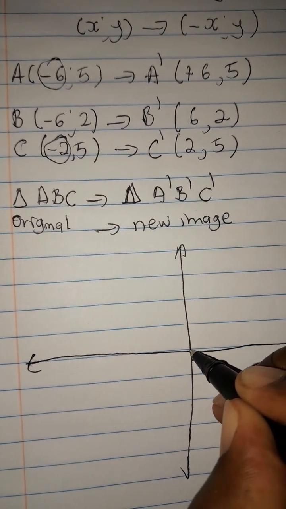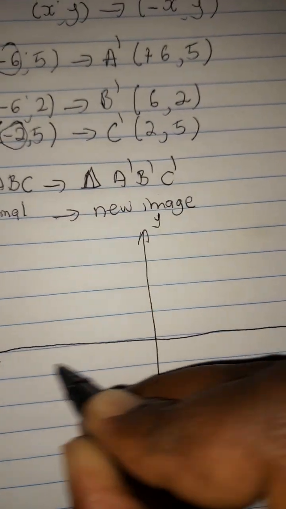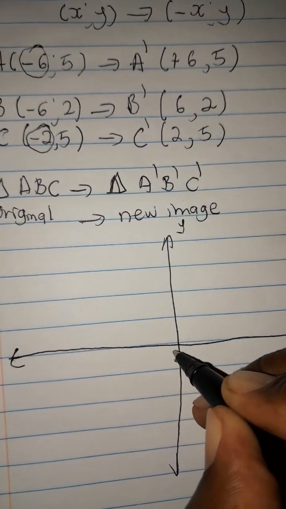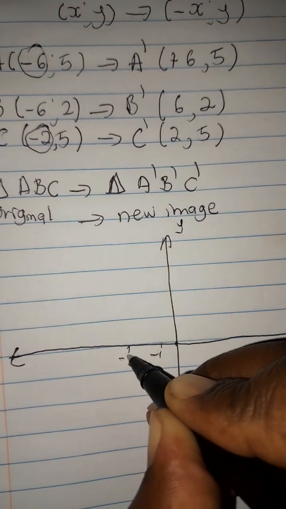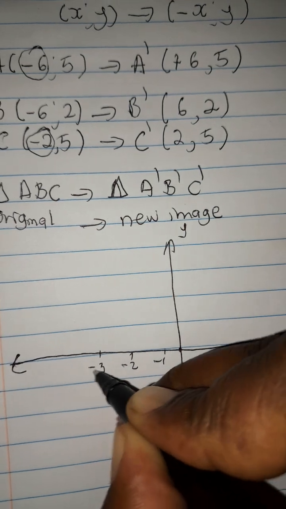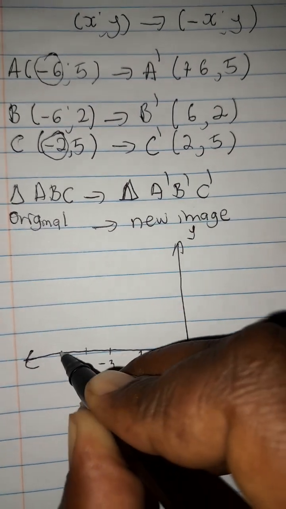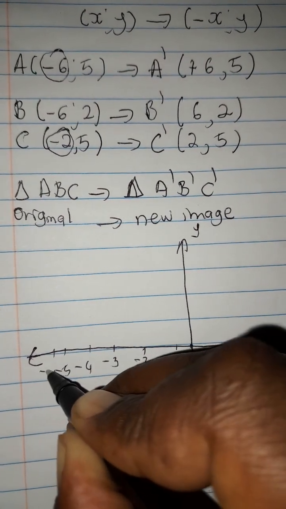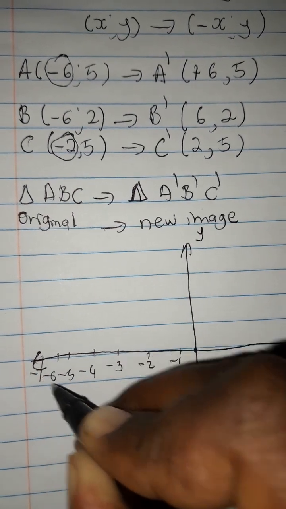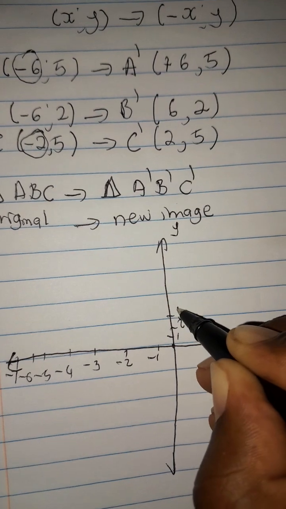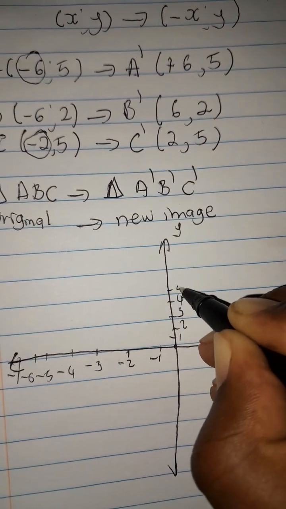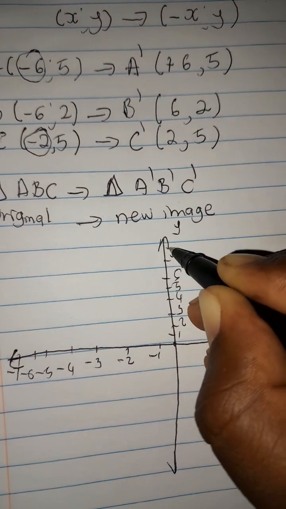This is a Cartesian plane, this is the y-axis, and this is the x-axis. This is where we will put our numbers. Here the origin is 0, then -1, -2, -3, -4, -5, -6, -7, and 0, 1, 2, 3, 4, 5, 6, 7.